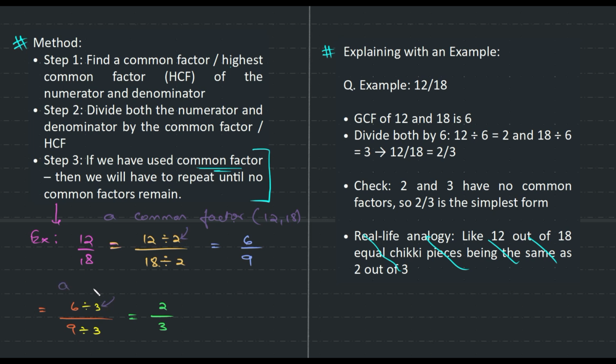Here, a common factor of 6 and 9 is 3. So we're just going with common factors.